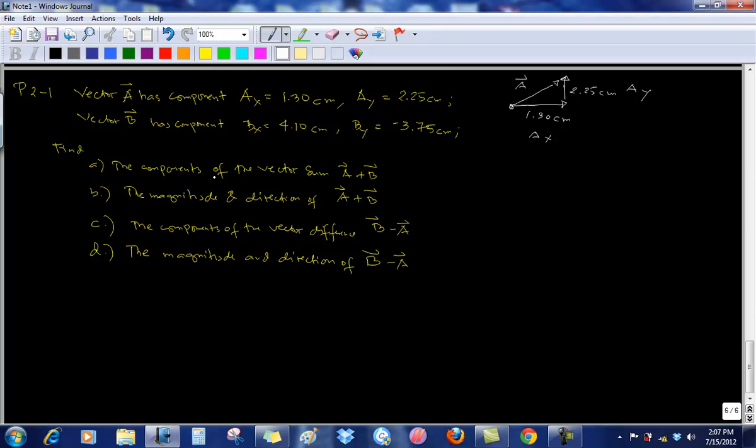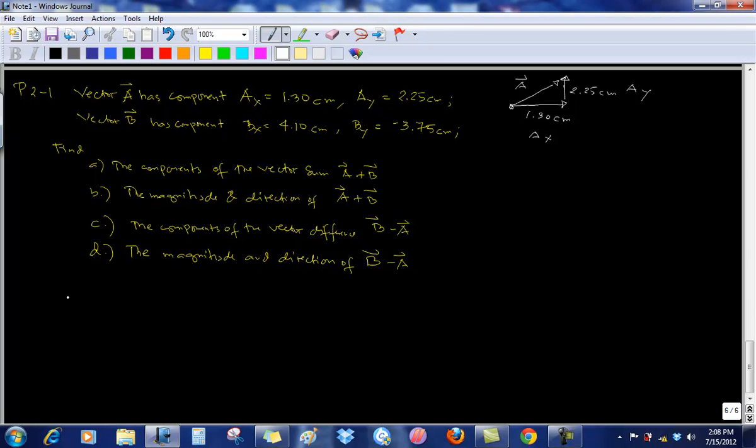Now, the first question is: what are the components of the vector sum A plus B? This is very simple. You just use the component method and add the components individually.